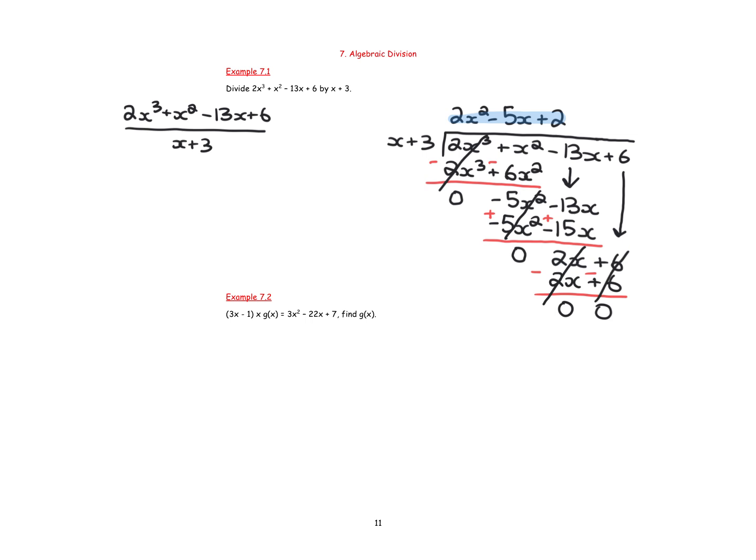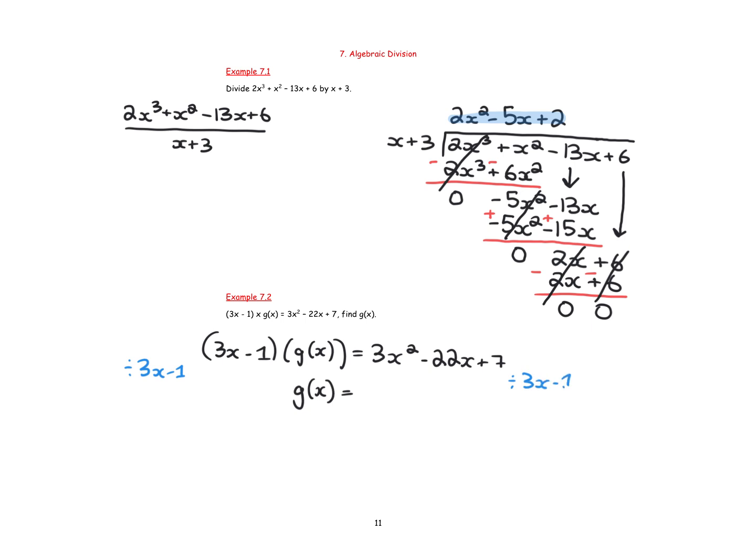Example 7.2 is very similar, it's just worded a little bit differently. Here it says 3x minus 1 multiplied by g of x equals 3x squared minus 22x plus 7. Find g of x. Now, if we want to find what g of x is, we just divide both sides by 3x minus 1, as that's in the way, or multiplied by g of x at the moment.